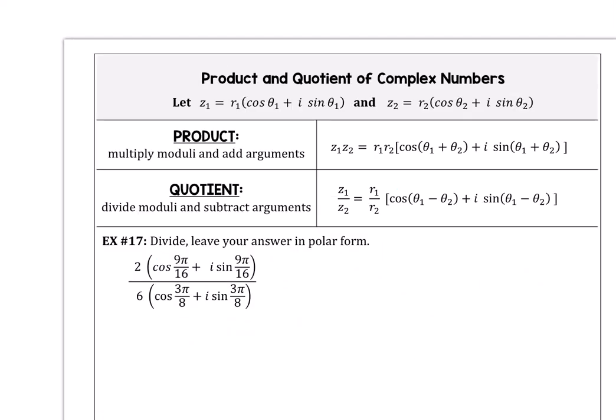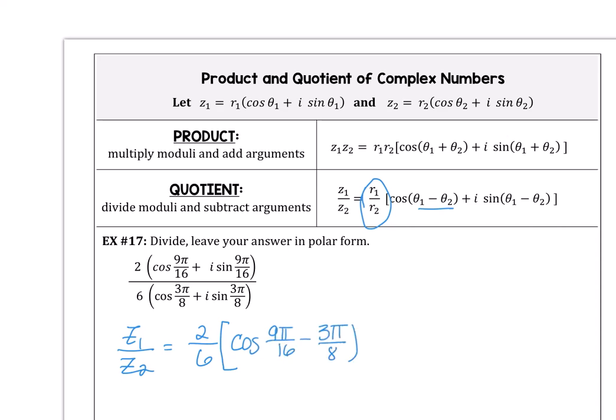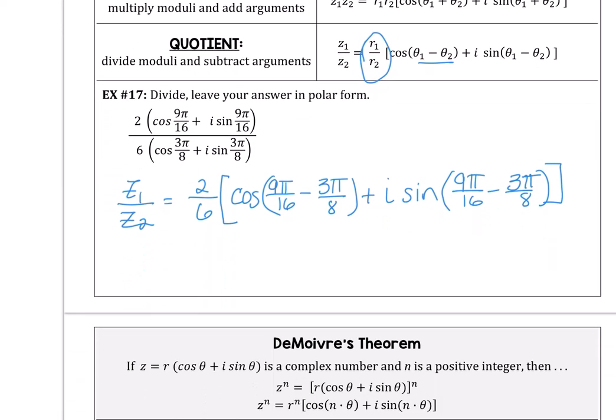All right, so example 17, we're going to divide this time. We're dividing the R1 and the R2, that's 2 over 6. So Z1 divided by Z2 is equal to 2 over 6. And we're going to subtract the angle measurements. Cosine 9 pi over 16 minus 3 pi over 8 plus i sine 9 pi over 16 minus 3 pi over 8. 2 over 6 is 1/3.